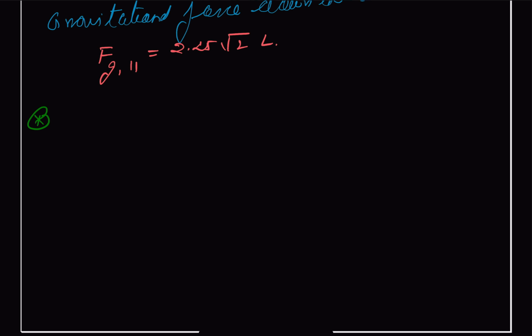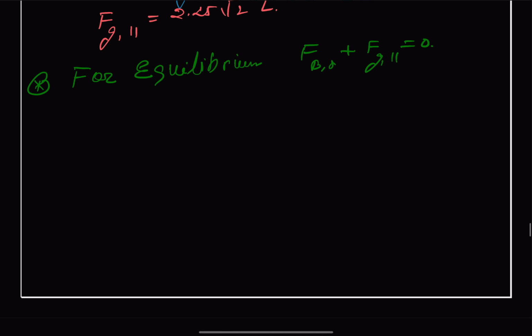So for equilibrium, Fpx plus Fg parallel will be equal to 0.